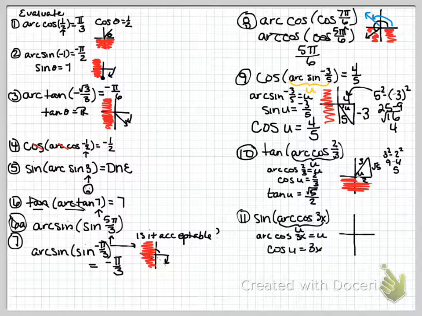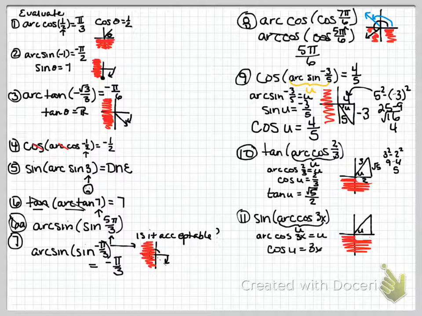Okay, so again, can't have the second and the third and fourth quadrants. And I'm going to erase some of this again before I get going. I have a triangle where cosine is 3x. I'm going to make it kind of big here so you can see it. Well, cosine is adjacent over hypotenuse.